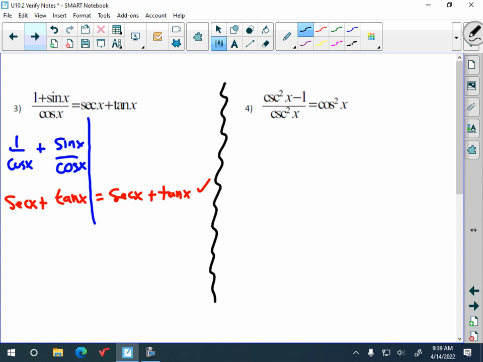If you use the Pythagorean identity, just be prepared to use complex fractions, because that's what's going to happen. If you split it up into 2 fractions, then you won't have to. So it's up to you which method you like.